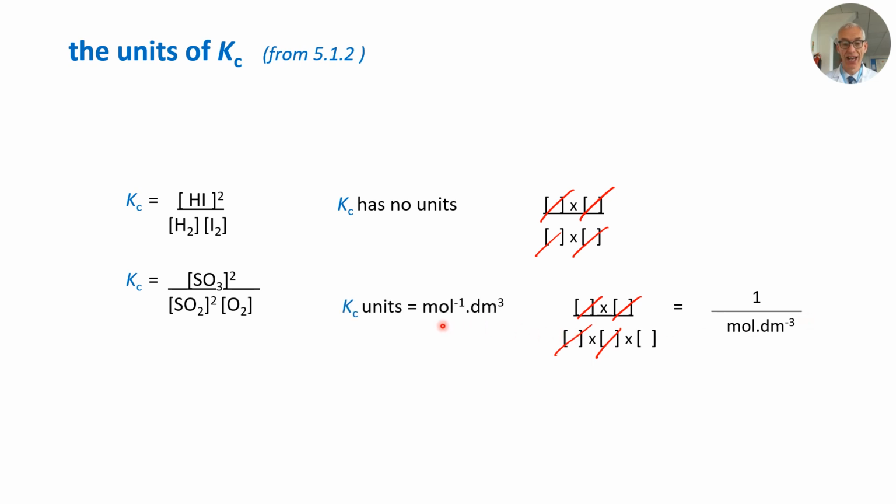We can rewrite that as the units of Kc, bring it to the top line, so moles becomes moles to the -1, decimeters becomes cubed, having changed the sign. So if we move from the bottom line to the top line, we change the sign of the power.